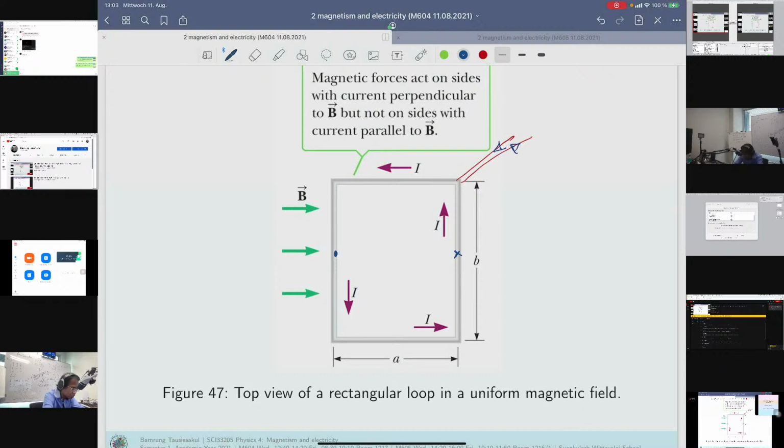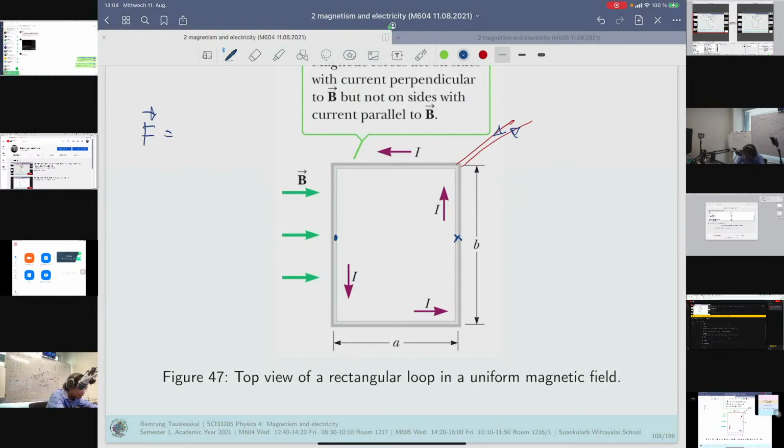from the previous topic. It's F equals I and vector L cross vector B, right? That's what you have found before, right?